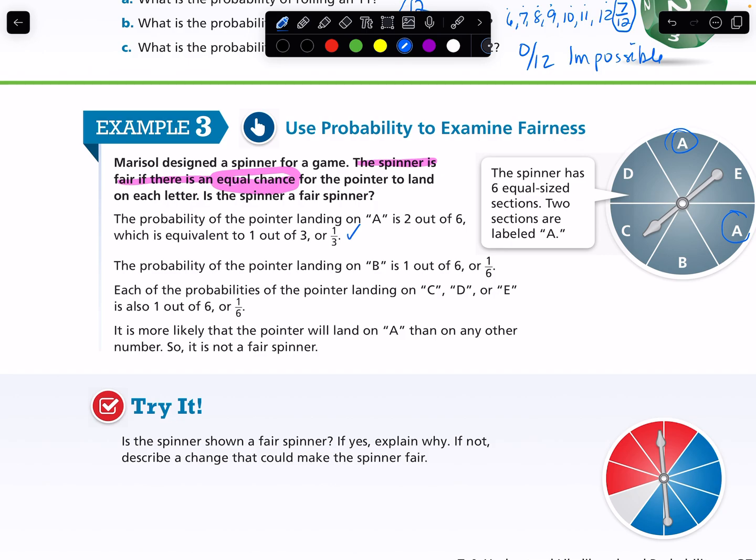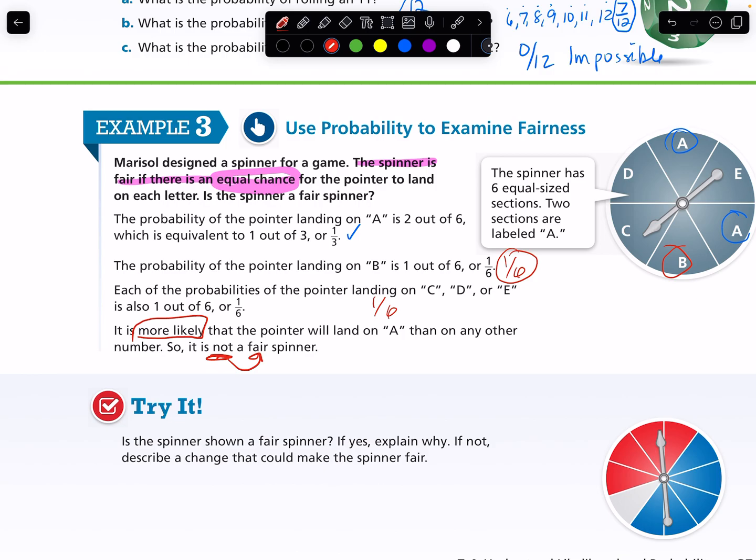Okay, the probability of B, I'm going to change the color, is 1 out of 6. And those are all 1 out of 6. So it is more likely that the pointer will land on A than any other letter. So it is not fair.